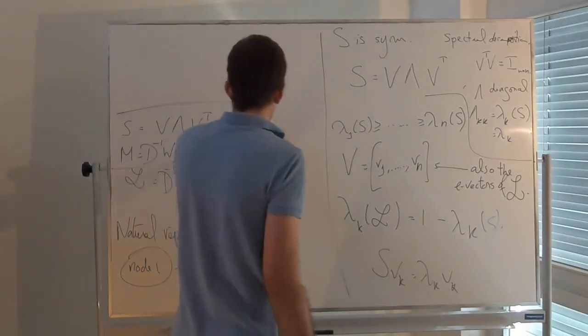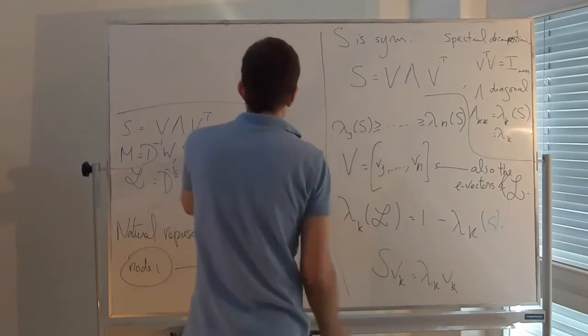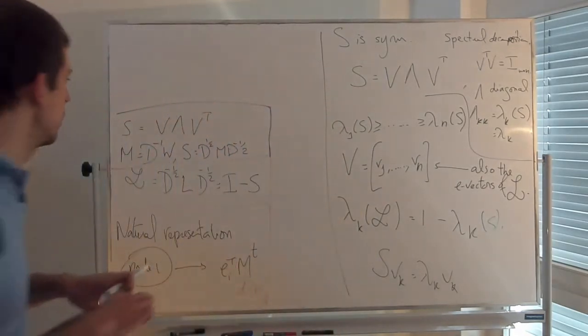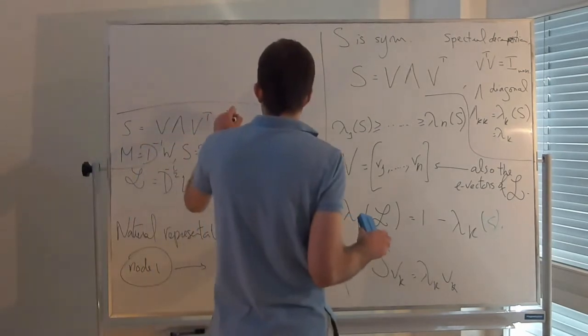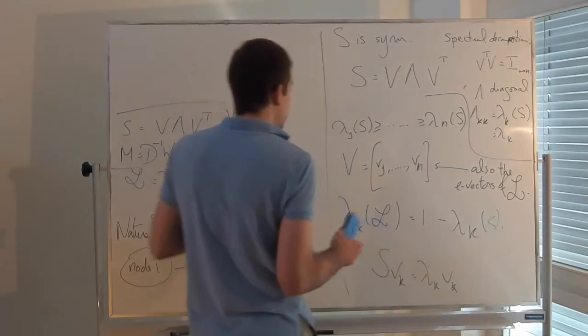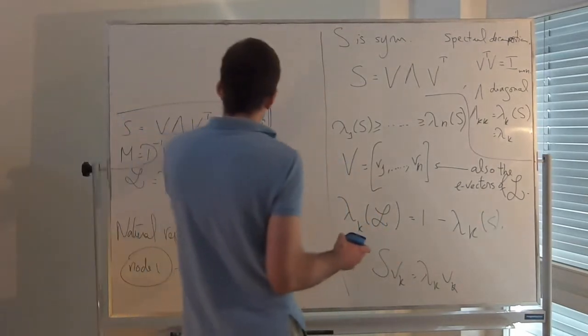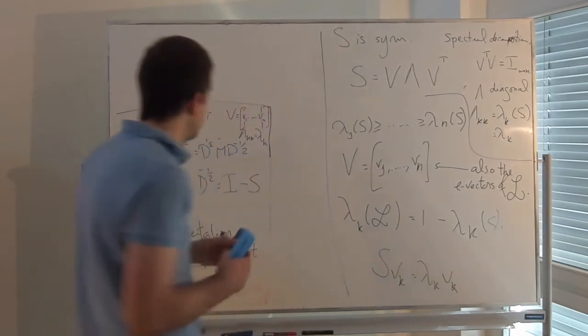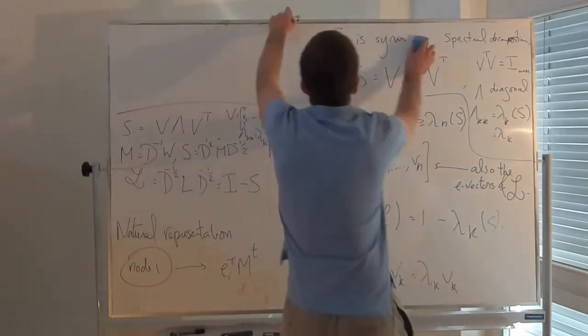So for now, these are the things we're going to need. Maybe I should also write V1 all the way to Vn; these are just the columns, and the kth eigenvalue we're calling lambda k.